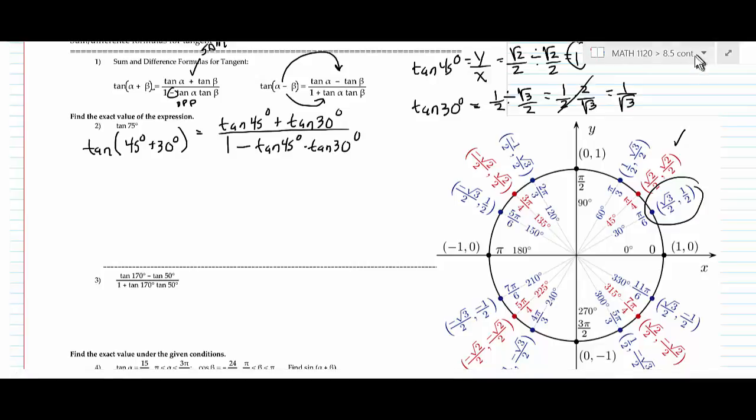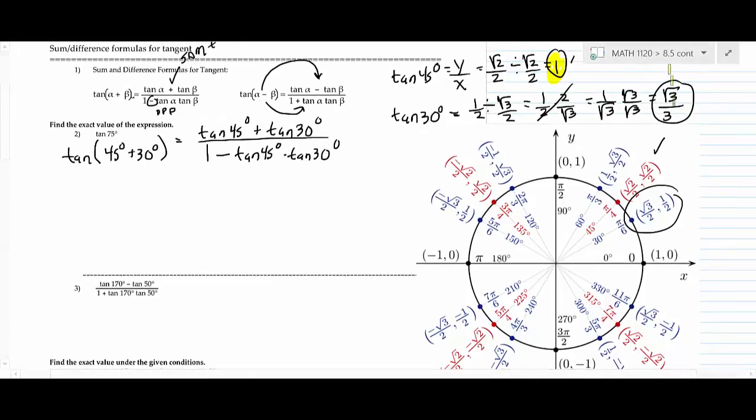You'll have to do it sometime anyway. So you get root 3 over 3. So the tangent of 45 is 1, and the tangent of 30 is square root of 3 over 3. That's stuff we've already learned how to do. Everybody with me on that?